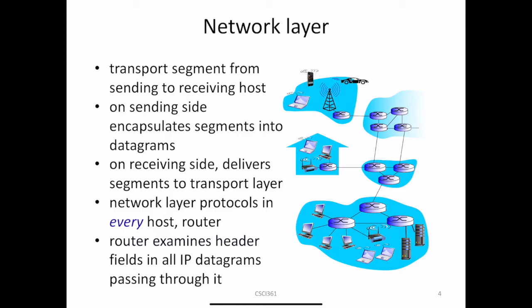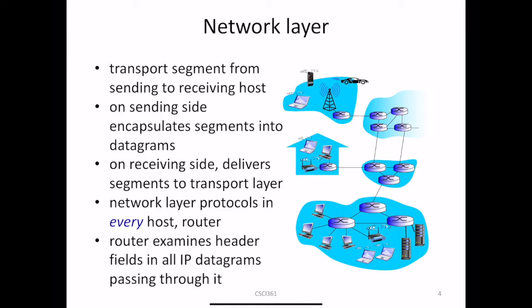The network layer protocols are not only implemented on the end systems, or these devices, actually they are also integrated in the network core part, which is the router. Therefore, except for the switches, all other devices will be integrated with the network layer.